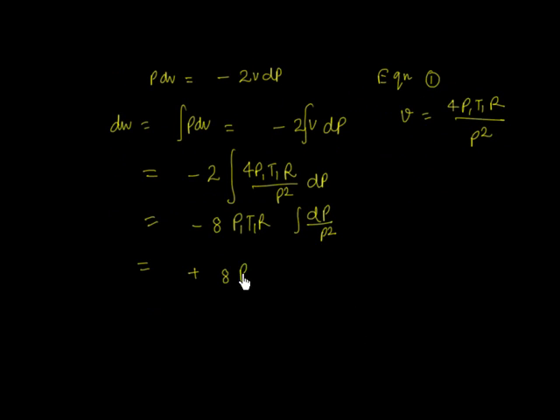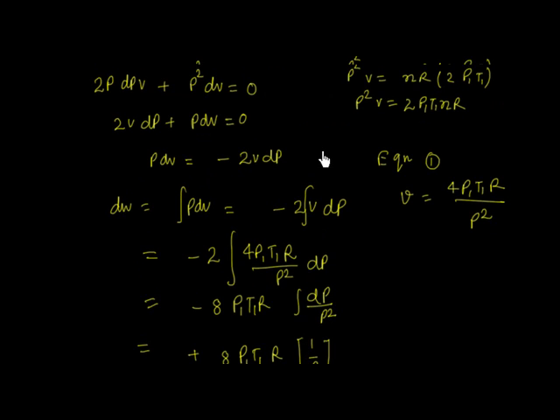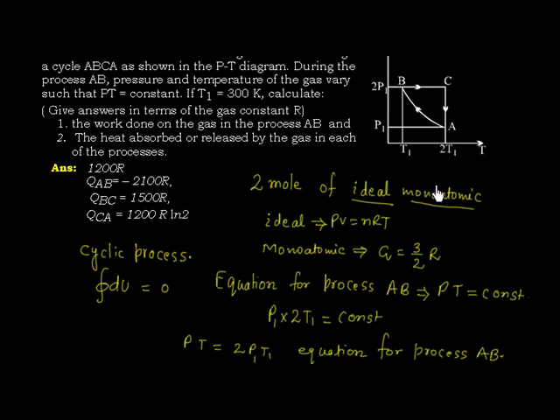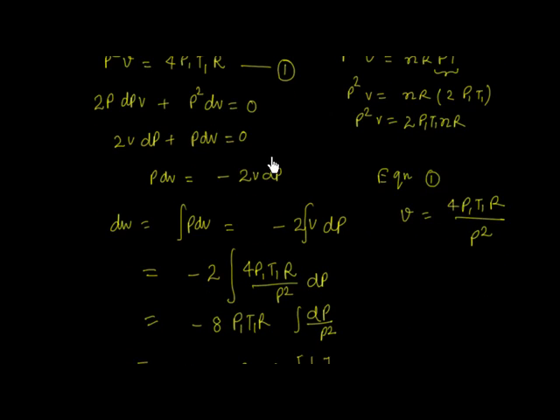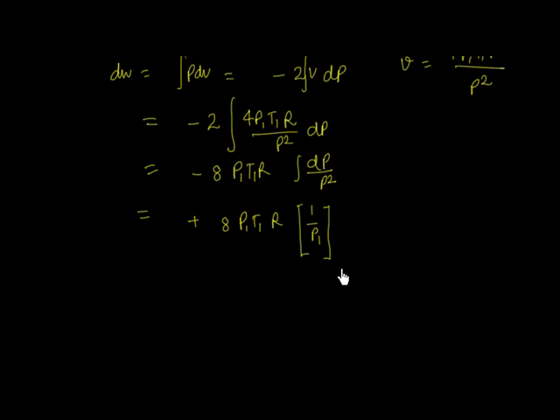So we will have 8 P1T1R, and this is minus 1 by P, so I have to integrate from initial pressure to final pressure. You see here, initial pressure is P1 and final pressure is 2P1, so I have to integrate from P1 to 2P1. This is P, not P1.